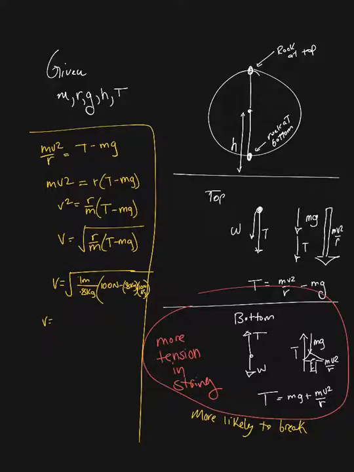So this is going to be 1 over 0.8 times 100 minus 8. The kilograms cancel, and we have all of this inside a square root. So we have the square root of 1 over 0.8 times 92. Do you have a calculator handy?